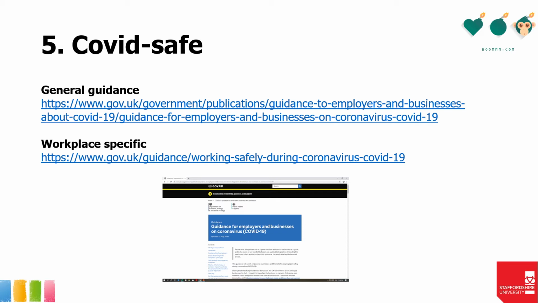So gov.uk is the core source of information. You'll also find the Health and Safety Executive is taking this information and working with it as well. So the Health and Safety Executive and gov.uk are the two principal areas that you will go to for this kind of guidance.